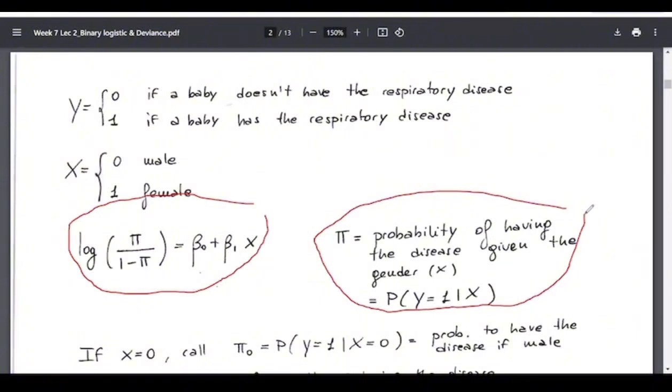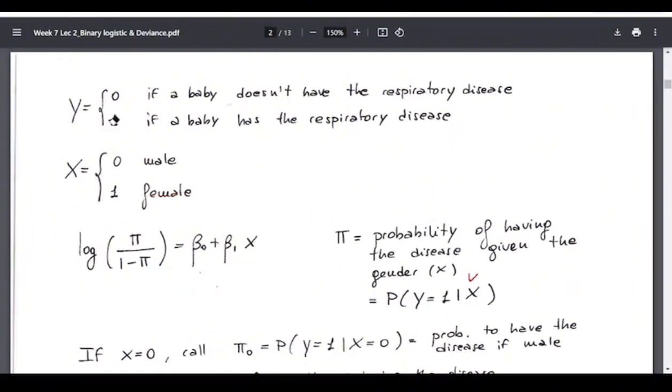Given the gender x, I'm focusing on when y equal to 1, having the disease, where gender x could be male or female. Any question on that? Okay, I'm interpreting now a simple binary logistic regression model.